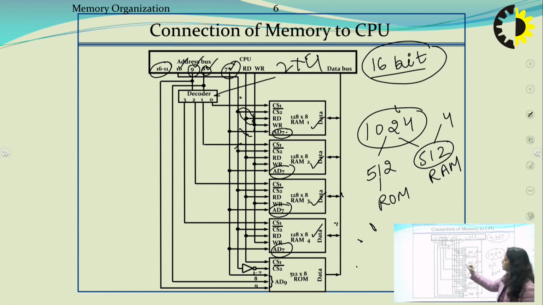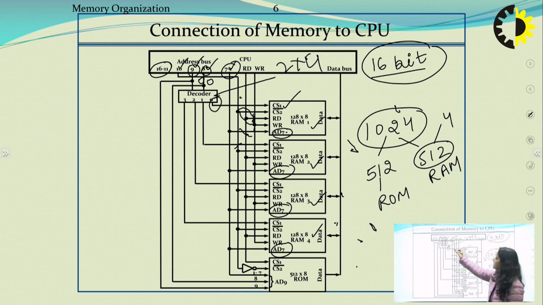Now suppose the value of bit number 8 and 9 is 0 and 0. Then output signal 0 will be generated, and this output signal 0 is connected with chip select 1. So chip select 1 of RAM number 1 is activated, and all the other chips will be disabled at this moment. Why?